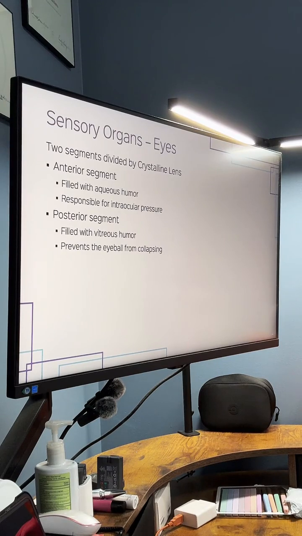The vitreous humor shares the responsibility for the intraocular pressure, but it also prevents the eyeball from collapsing. One of the most common procedures on the eye is actually on the muscles that control the eye movement instead of the eyeball itself. That is known as a strabismus surgery, and that is performed by shortening or lengthening various muscles within the eye.